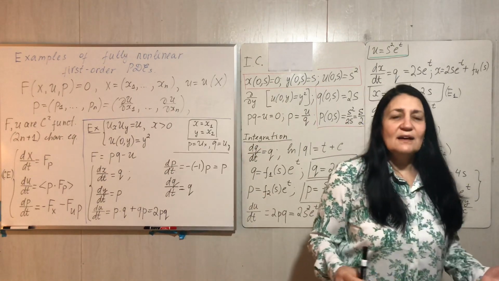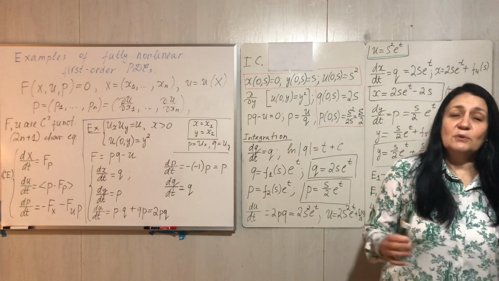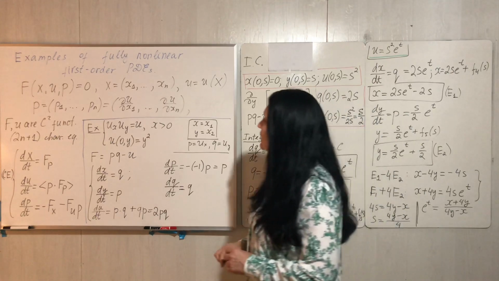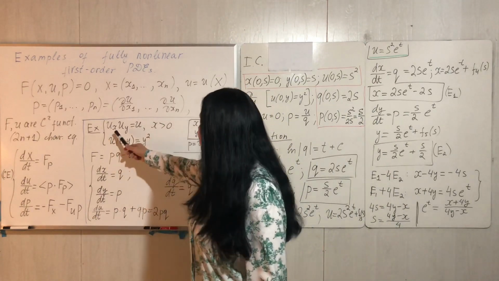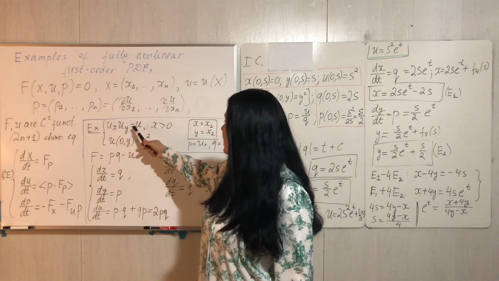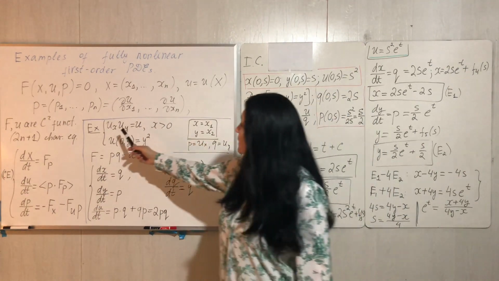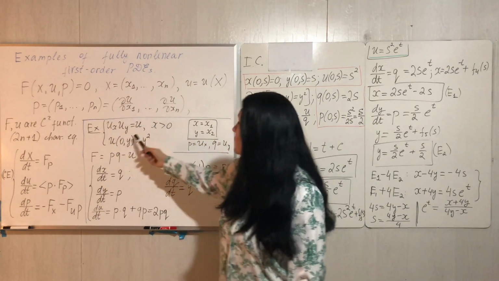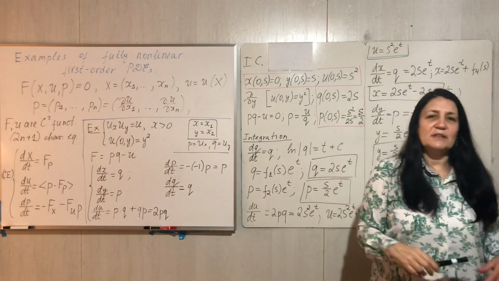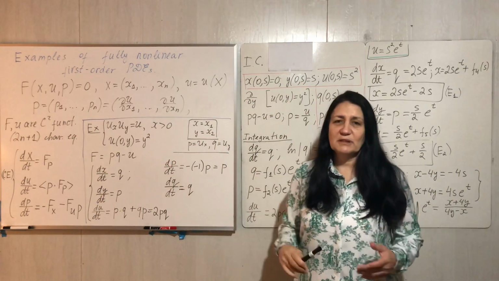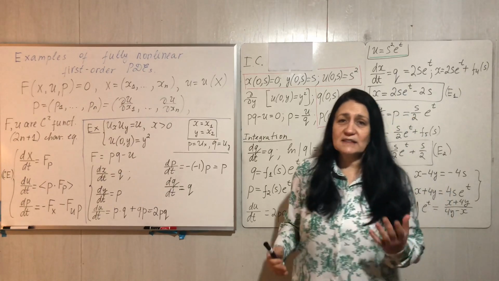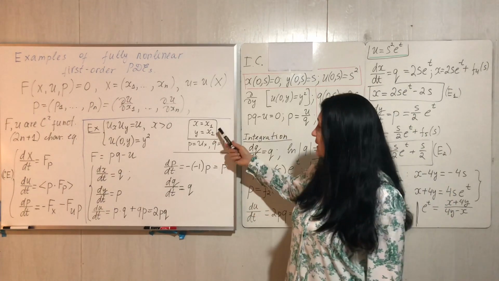So now let's just do a computational example. When we have u_x times u_y equals u for positive x, and here too, for equations in two independent variables, we use notations x and y instead of x1 and x2.